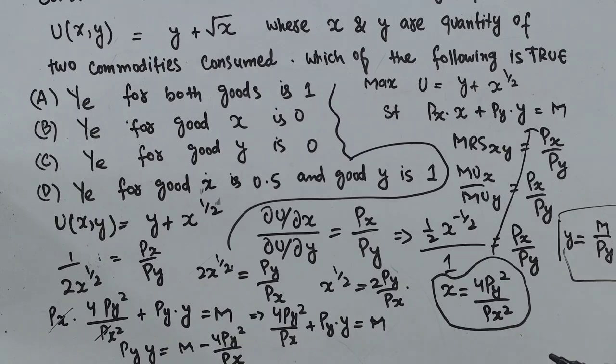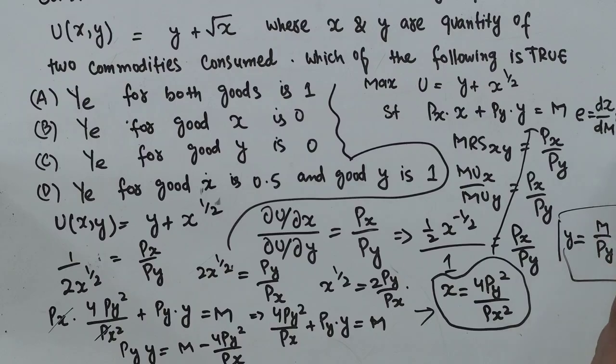So what is the elasticity of demand formula for good x? Income elasticity of demand is the change in the consumption of good x due to the change in the income, times income upon x. Now if this is our demand function, its derivative with respect to income is 0 because m is not here.